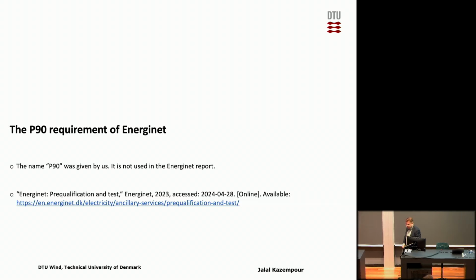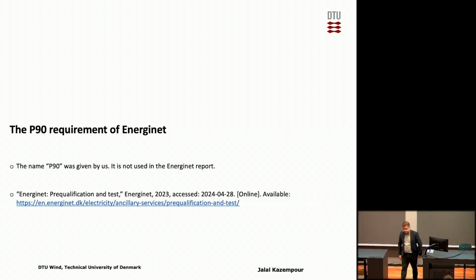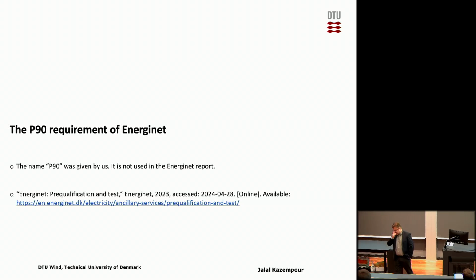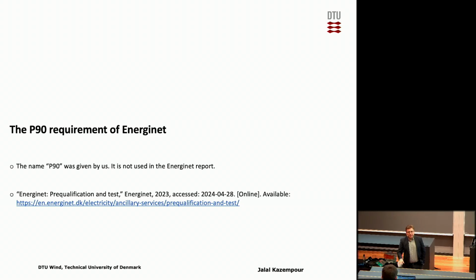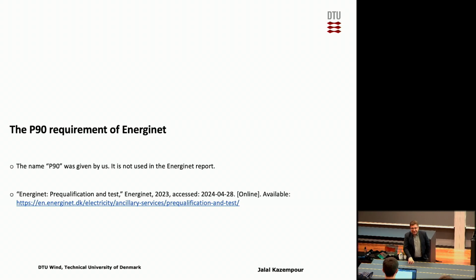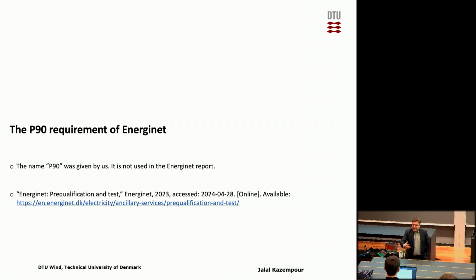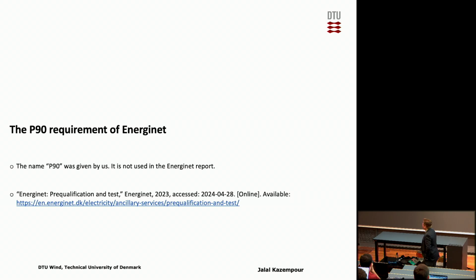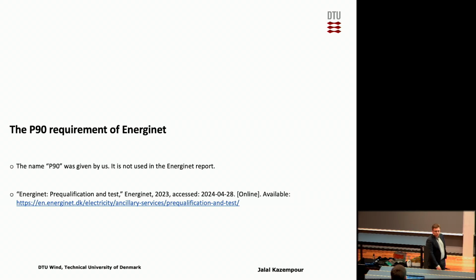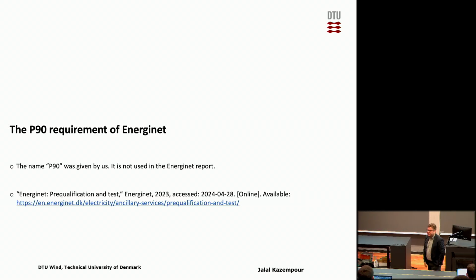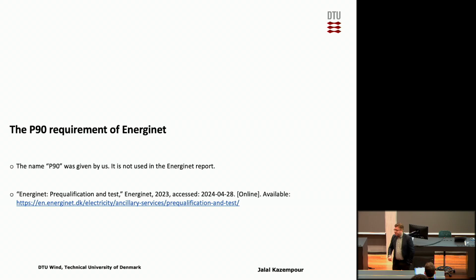Now let's take Energinet's perspective. I told you several times in this course that I'm very happy that Energinet is a leading TSO with new initiatives, helping stochastic assets to provide flexibility services to the system. One of the reasons is the P90 requirement. I think we discussed the P90 requirement in lecture 6, but we will revisit that.